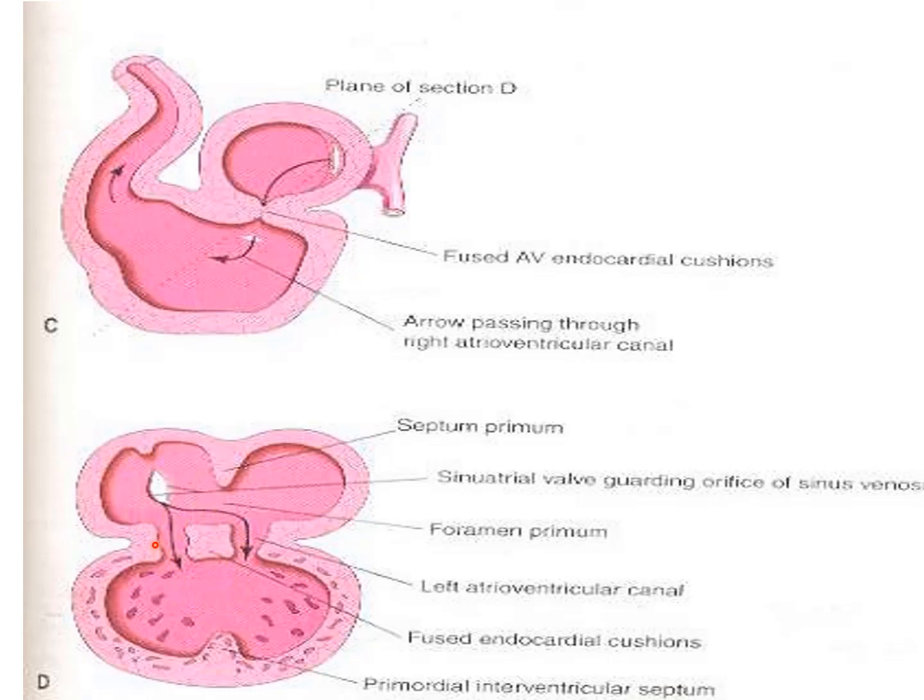This later will be guarded by the tricuspid valve and this by the mitral valve. Look at the atria here, they are not separated yet, the ventricles are not separated yet, but there is a start of a septum.